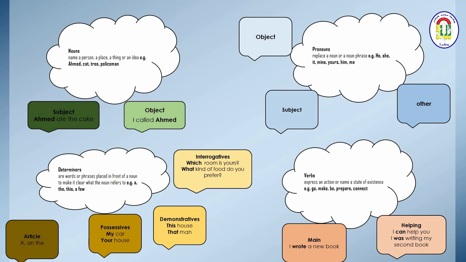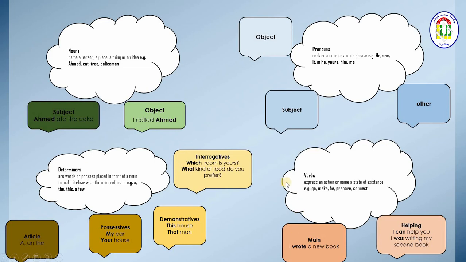It can be possessive: my car, your house. It can be demonstrative: this house and that man. And it can be interrogative: which room is yours? What kind of food do you prefer? So the determiners play the role of an adjective, and they are of different types.